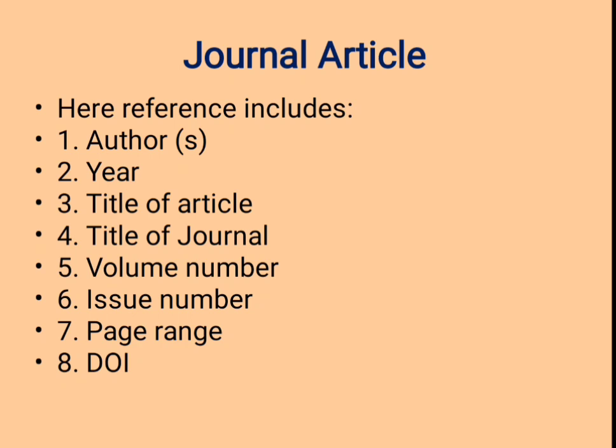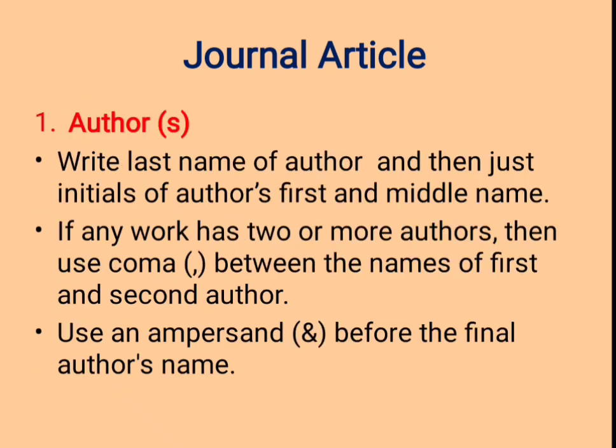The reference of a journal article includes authors, number 2 year, title of the article, then title of the specific journal, then volume number, then issue number, then page number, and at the end DOI. These are the basic information required while writing the reference of any published article in any specific journal. Now I will explain all of this information one by one in detail.